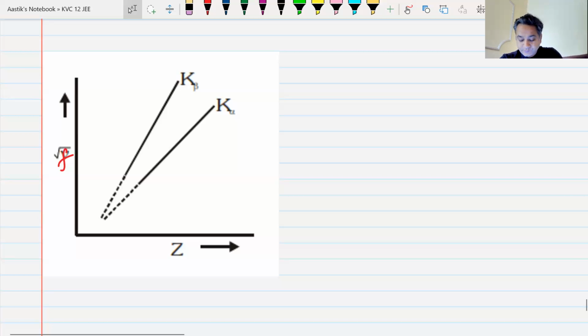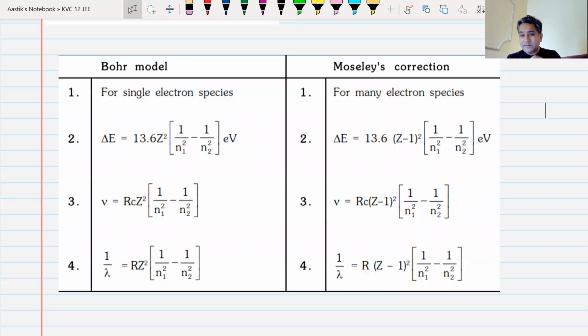It is self-explanatory from where I see. On the left hand side, we have Bohr's formula. On the right hand side, we have the formula for Moseley.